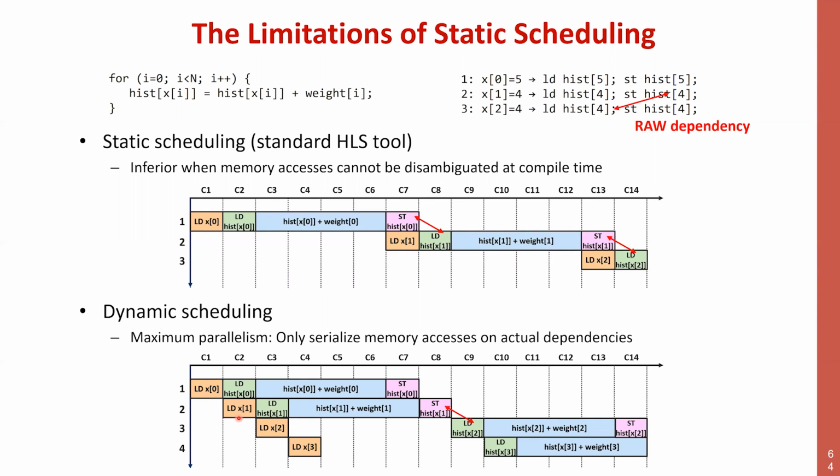Because you just loaded x of 1, you knew x of 0, so if they are different, there is no dependency, so you can safely go and do your load. And when you see that x of 2 and x of 1 are the same, you will wait. So you lose performance and potential parallelism only when the potential parallelism cannot happen, but in all other cases, everything is fine.